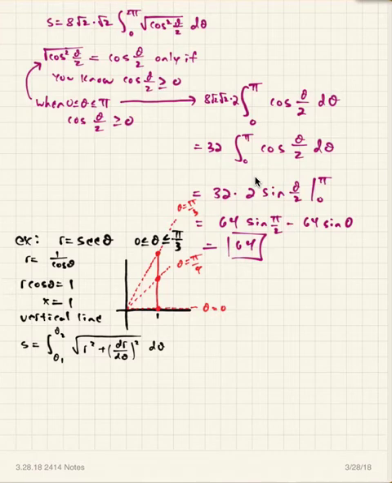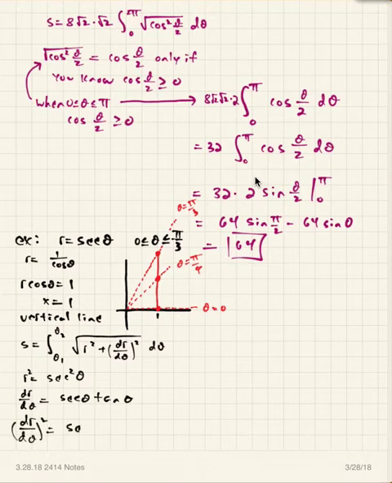Now this one won't be as bad as the last one. R squared, first of all, is just secant squared theta. And then dr d theta is secant theta tangent theta. That's not bad. And dr d theta quantity squared is secant squared theta tangent squared theta.